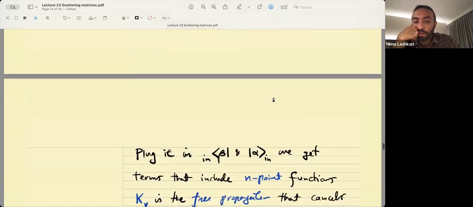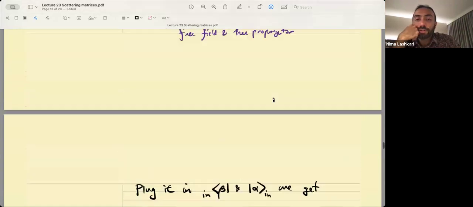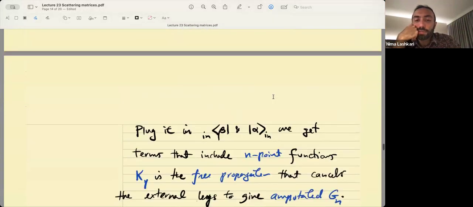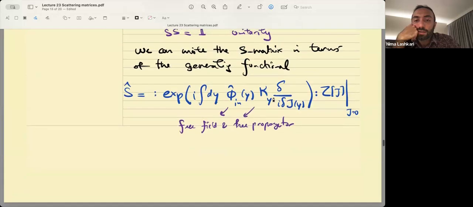Is that clear? Let's just do the example of the 2-point function in your head.